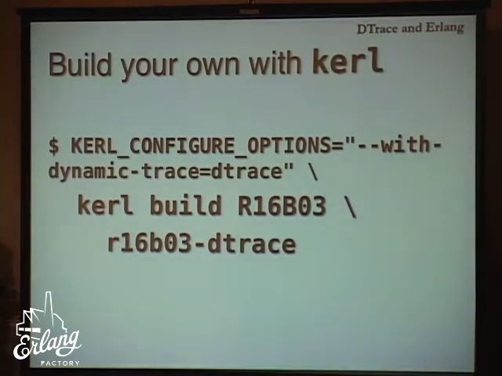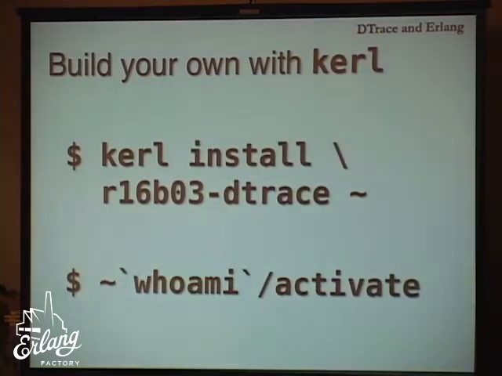All you have to do is pass the dynamic trace option with DTrace. If you want SystemTap, which we talked about a little earlier, you can pass the dynamic trace option with SystemTap, and it will build the Erlang VM with those probes enabled.